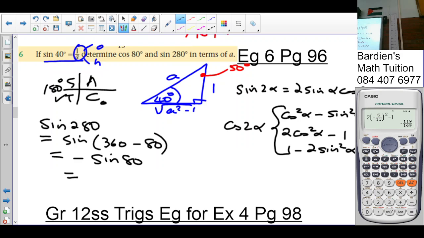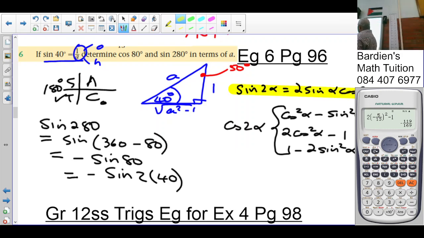Not so? So how can we link 80 to 40? Can it be negative sine 2 times 40? Now coming back to the sine identity. What is in alpha's place? 40. So in other words, sine 2 times 40 is equal to 2 sine 40 cos 40. Does it make sense?